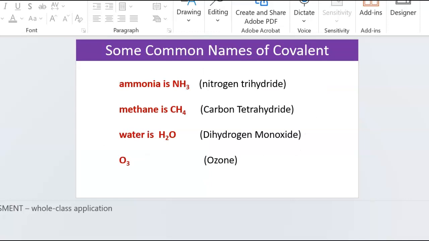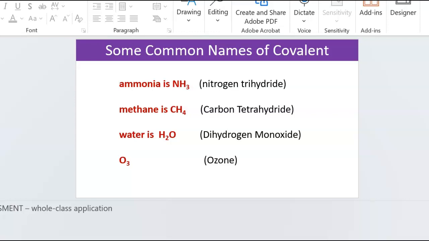The last slide I have for you here is just some common names. These are some covalent compounds that we wouldn't name with the prefixes because they have common names that we use. Ammonia, NH3, we would just say ammonia instead of nitrogen trihydride. We have methane, CH4, which is the first of a whole bunch of organic compounds that have their own naming rules. But we'll see methane quite a bit.